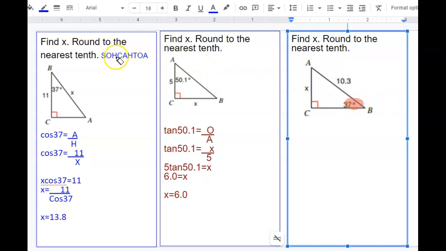When you take a look at that, you see that is sine, right, from SOHCAHTOA. So we use sine to set up our equation. Our angle of reference is 37. So you have sine 37 equals, we know by definition, sine is what? Opposite over hypotenuse.